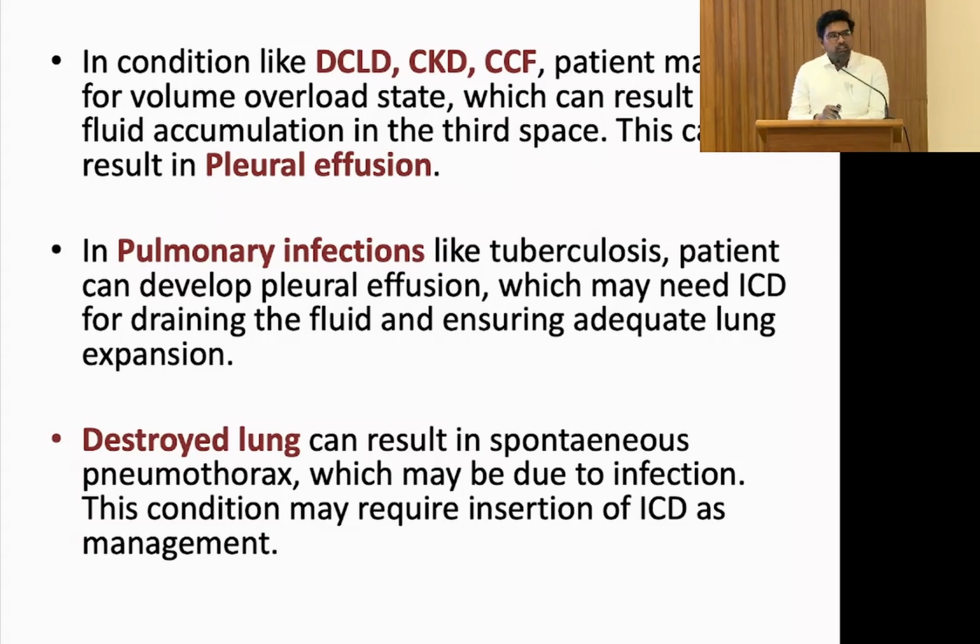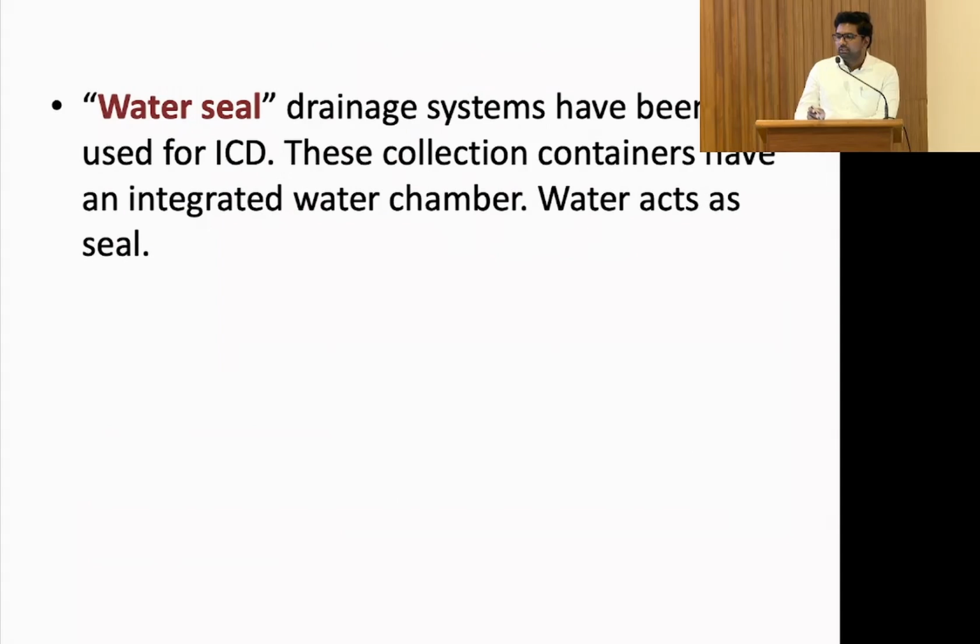And in conditions like pulmonary tuberculosis and other infections, there can be a reactionary effusion which needs an ICD for draining the effusion. And in case of a destroyed lung because of any pulmonary infection, there can be a spontaneous pneumothorax. This also requires an ICD insertion. So this slide shows the etiologies for ICD insertion.